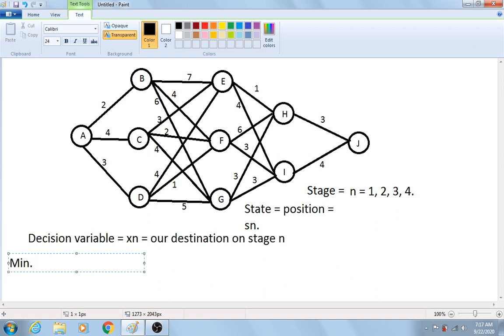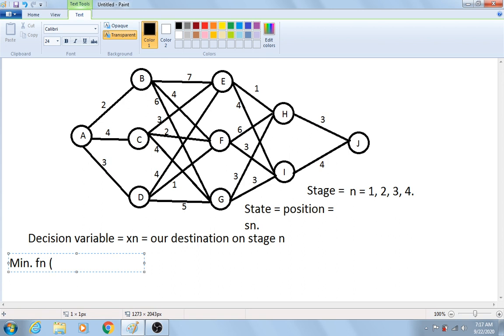Let's label the cost as F, and remember we will have a cost for every stage, so we put that as F sub n. That means a cost function on stage n.